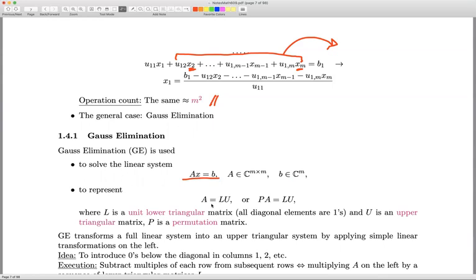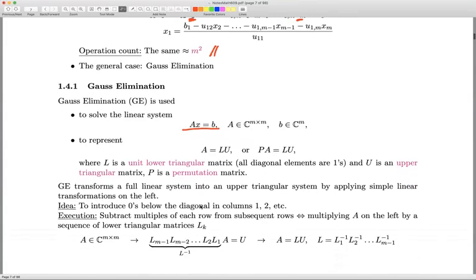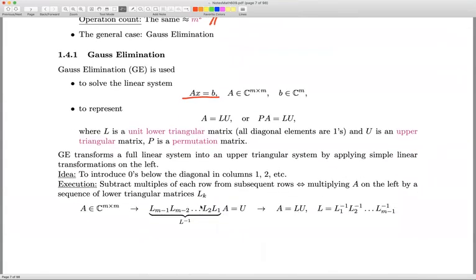And also we will use Gauss elimination as a vehicle to do a factorization of the matrix A, namely as a vehicle to write the matrix A as a product of two matrices, a matrix L, which is a unit lower triangular matrix. We add this unit because L will be a matrix for which all the diagonal elements are ones.